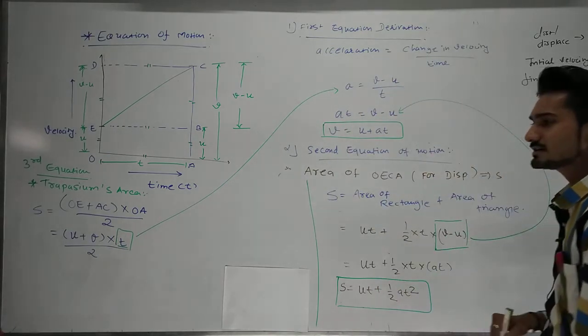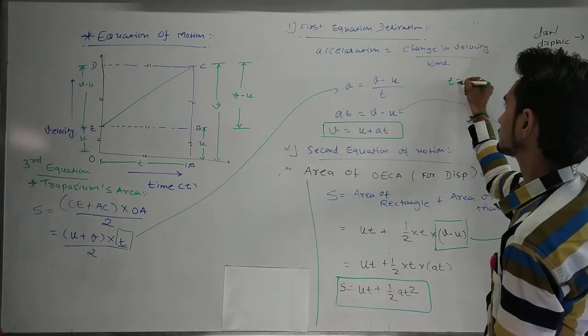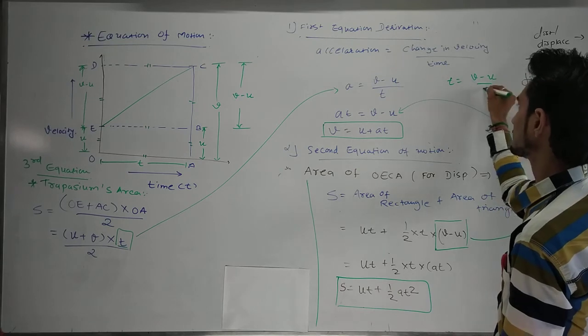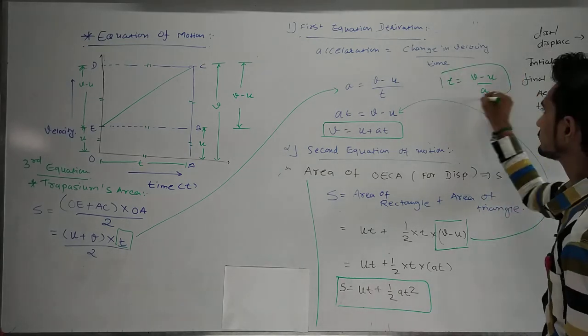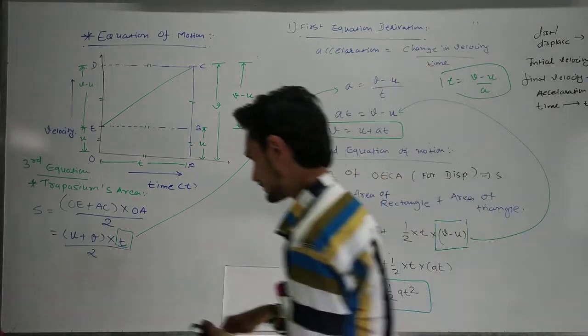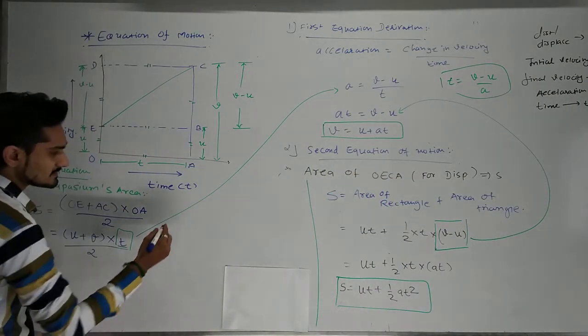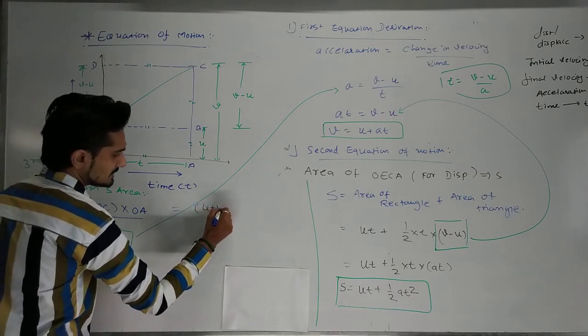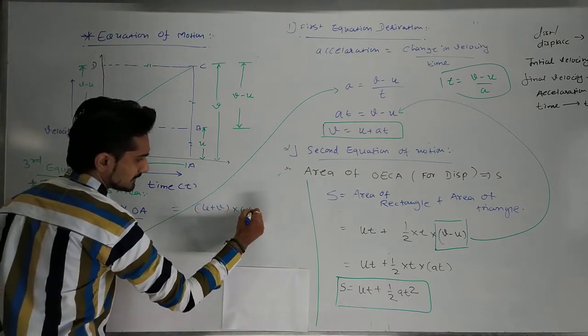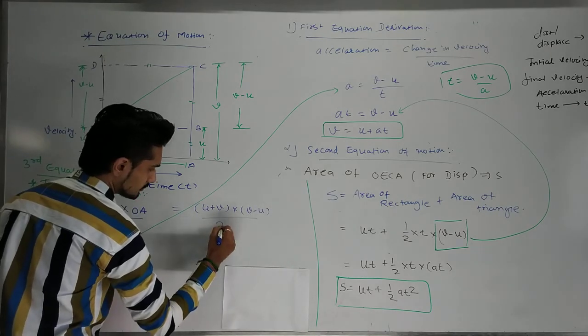If I put the T's value like that, T is equal to (V minus U) upon A. So from here we put this value here. It gives us the next step: (U plus V) into (V minus U) upon 2A.